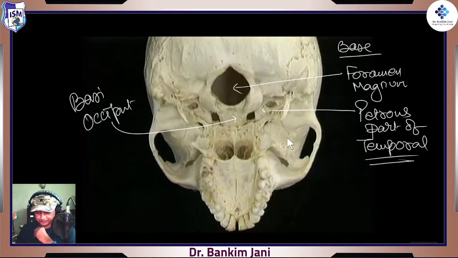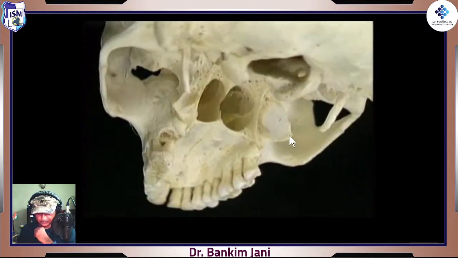Okay. Now adding to this, when we talk about the basi-occiput, now we are talking about the anterior part. Can you appreciate two ridges? One over here and one over here.